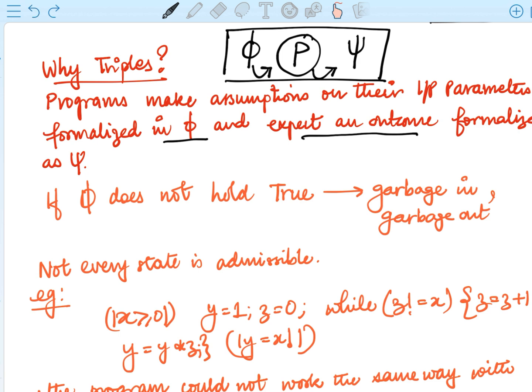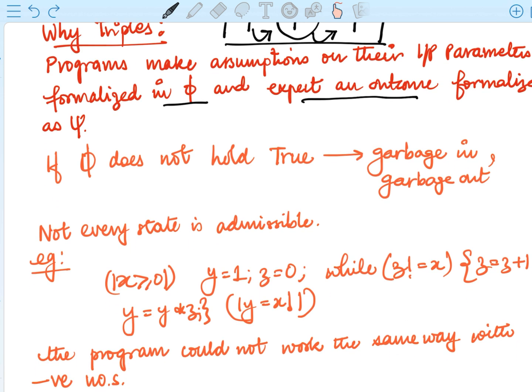That is why we need all these 3 values, which together are called a Hoare triple. So, as I said, if phi does not hold true, then you will get any value, not specifically the one that you're expecting, but any value.